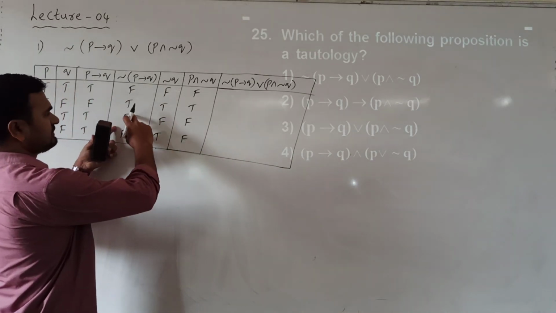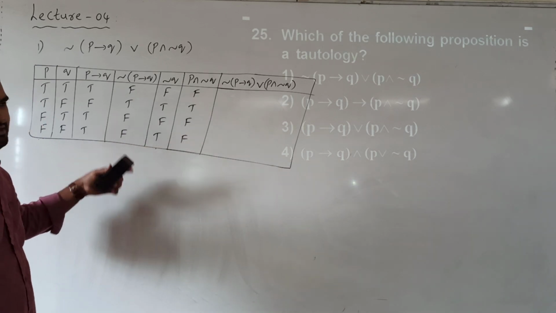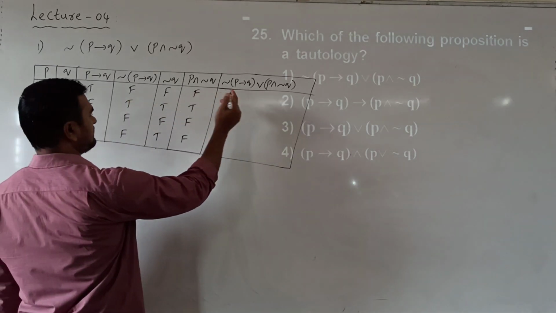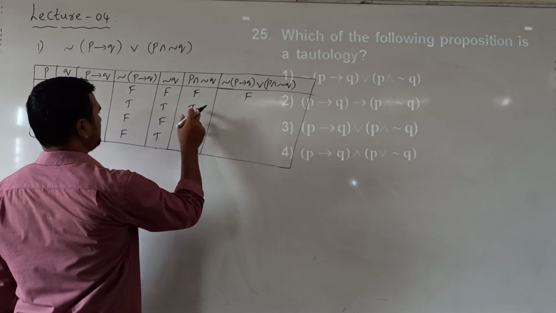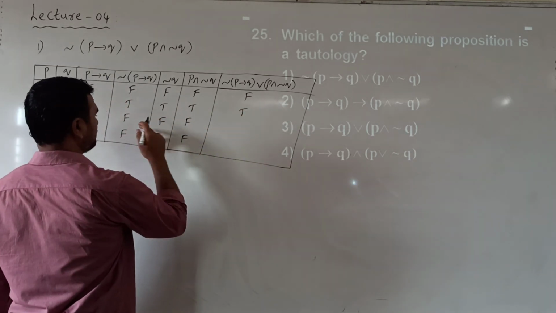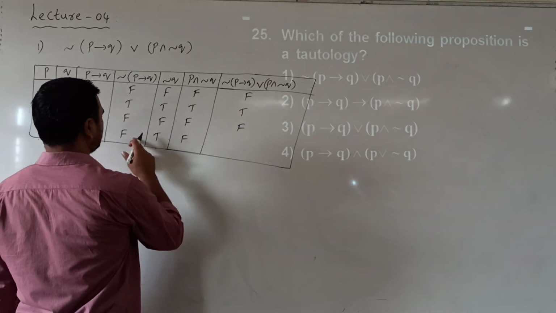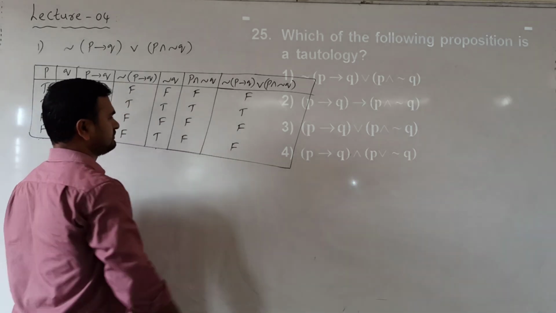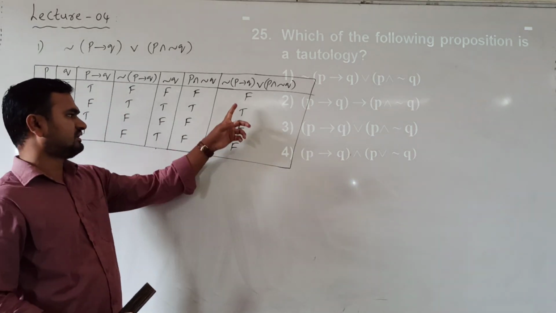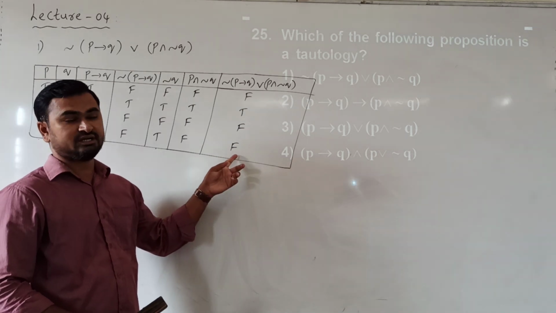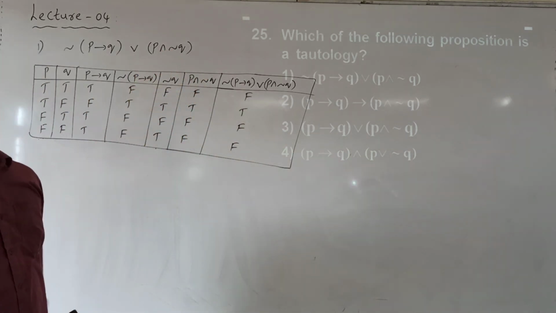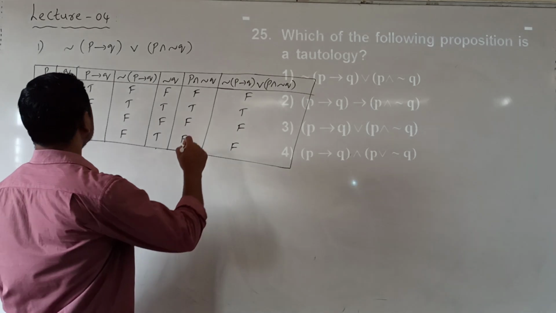OR operation: at least one is true, then OR is true. This is false, true, false, false. So we are having F, T, F, F. So is it a tautology? It is not a tautology. The first option is not.